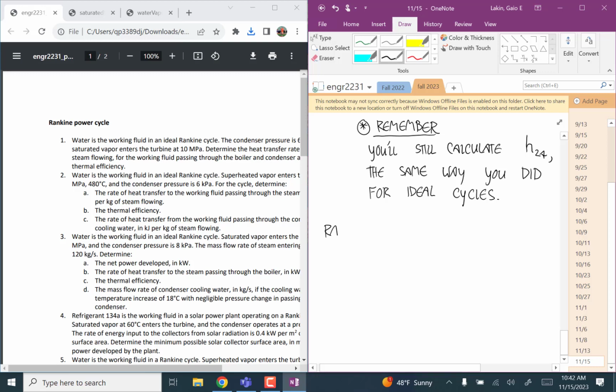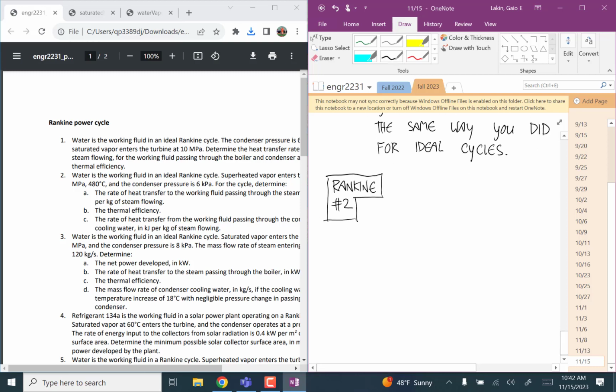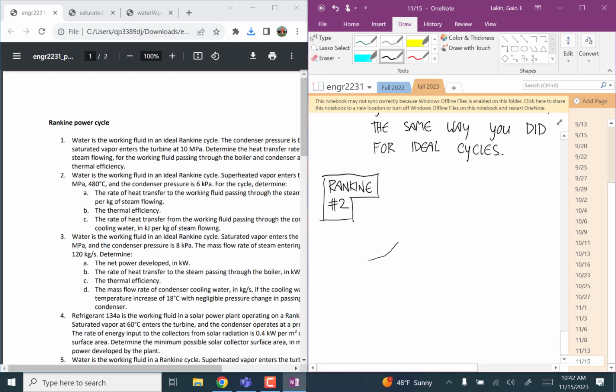Okay, so Rankine cycle number 2. We know that it's going to look like this, where this is 1, 2, 3, and 4.